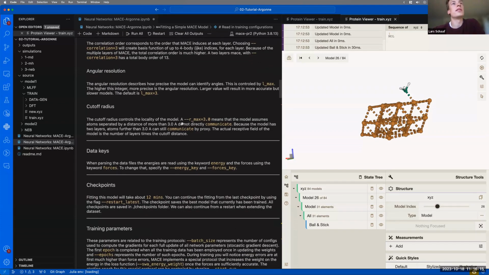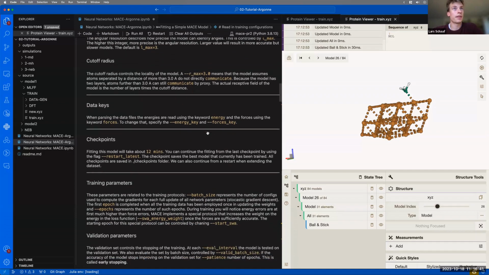Another key parameter is the radial cutoff, and so this determines how far your local environment can see, and so how much the local energy of an individual atom is determined by the density of the atoms around it.